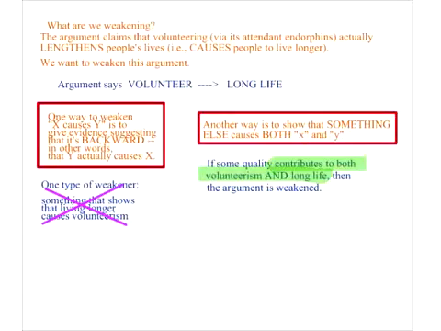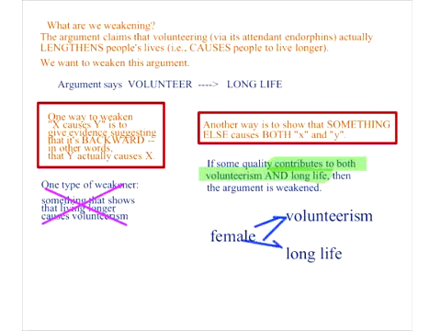So what we're saying here is that you have volunteerism and you have long life. But in this case, it's female that causes both of these things. So not the volunteerism itself. That was a not very good arrow.